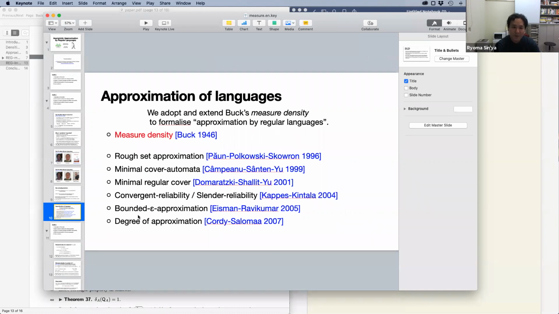There is another approximation model which does not necessarily completely cover the language, but some exceptions are allowed. Eisman and Ravi-Kumar introduced three types of approximation: bottom approximation, top approximation, and mixed approximation.